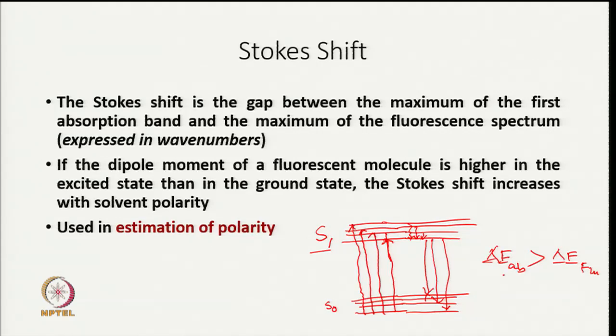And if delta E absorption is higher than delta E of fluorescence, that means lambda absorption is going to be less than lambda fluorescence. So, they are not equal and the difference between these two will give you the value of Stokes shift.